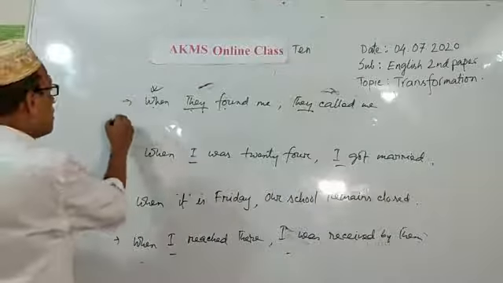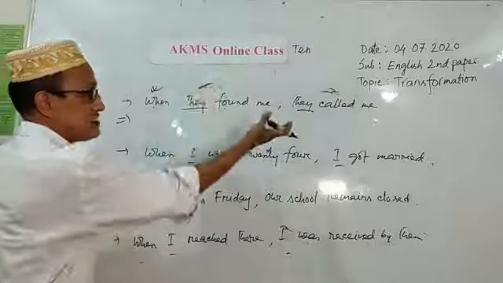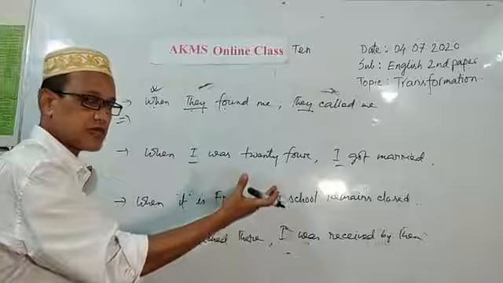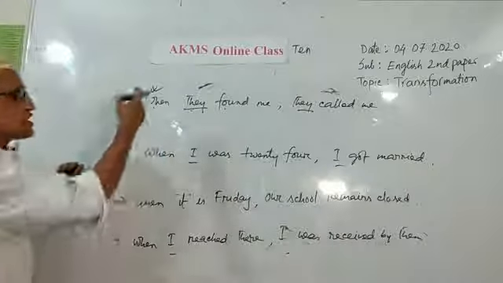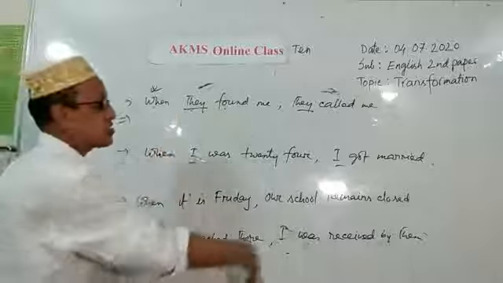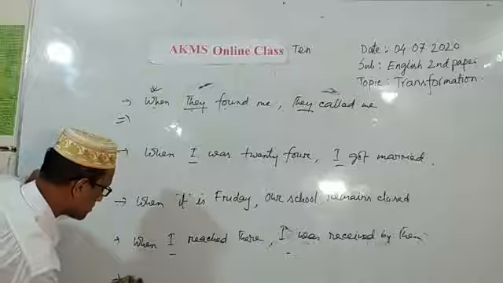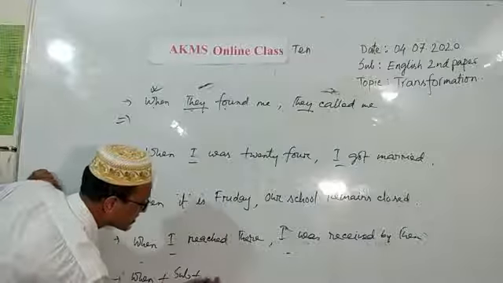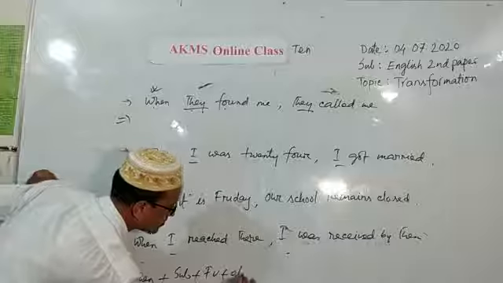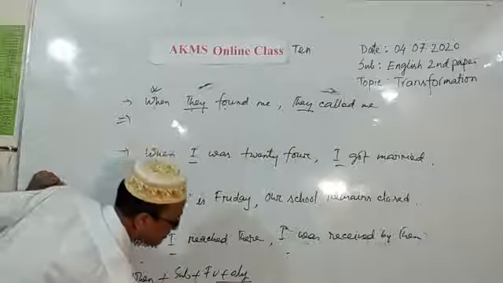Look, if you are asked to transform this sentence into simple or compound, first you should identify the structure of the complex sentence. What is the structure? When plus subject plus finite verb plus object, and it may mention time.